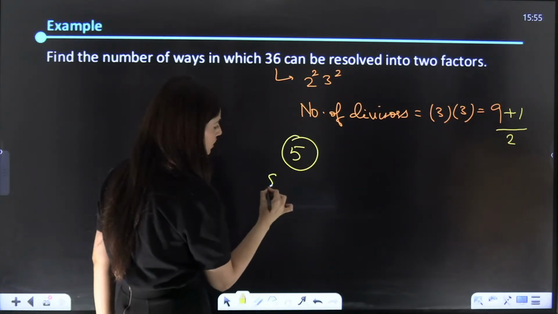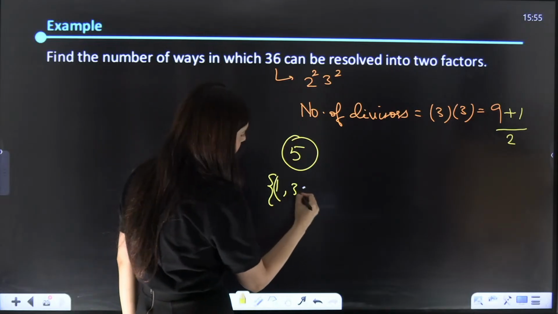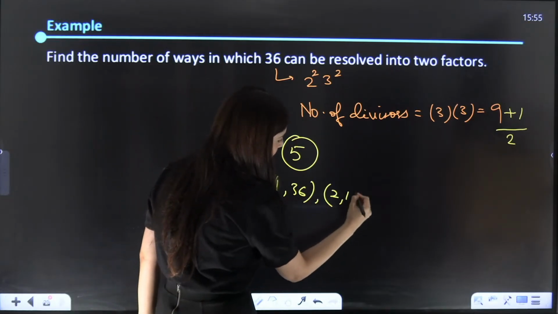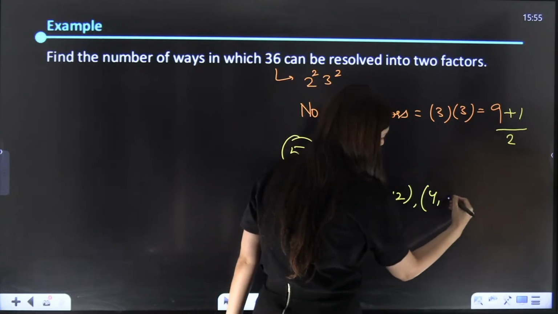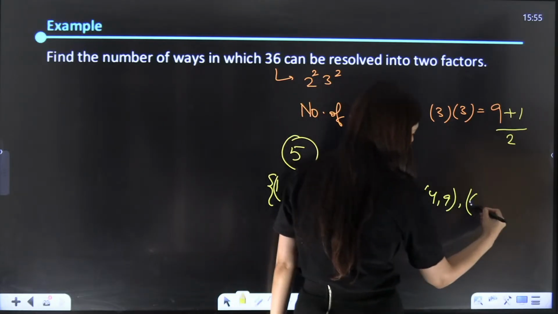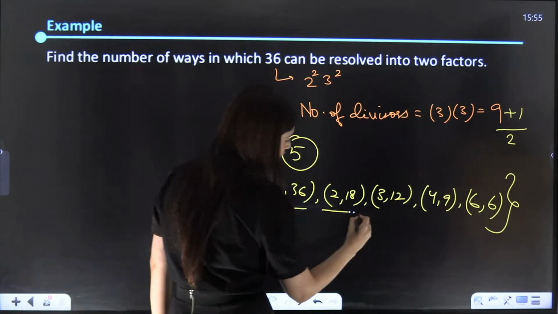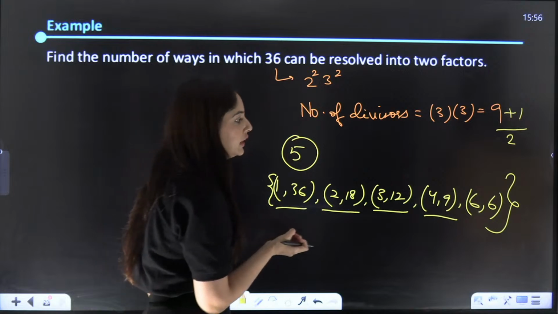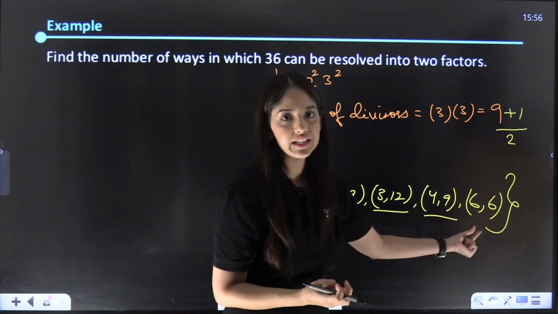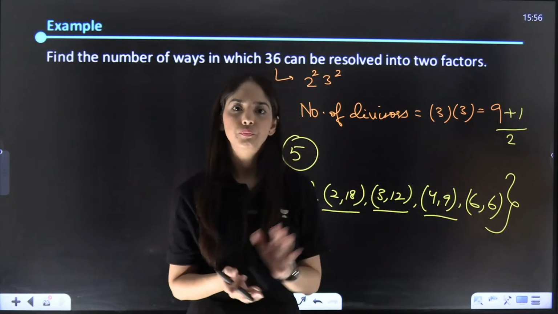Which ones? 1 comma 36, 2 comma 18, 3 comma 12, 4 comma 9 and 6 comma 6. So 1, 2, 3, 4, 8 divisors we have here, and the 9th divisor, that was 6. We added one more 6 to complete the pair.